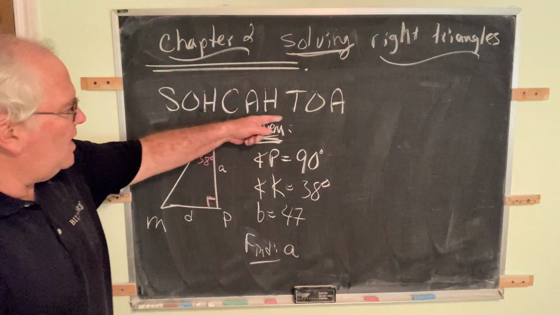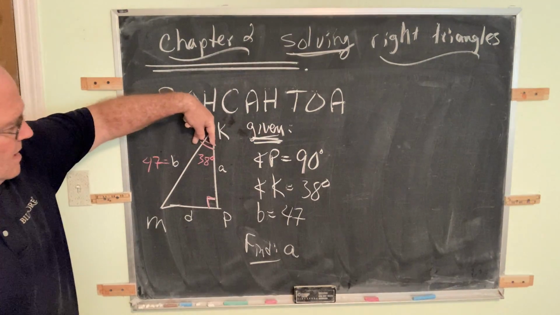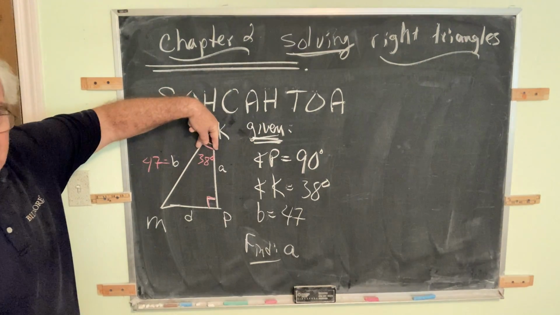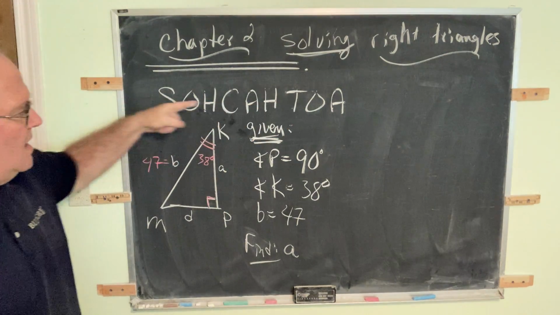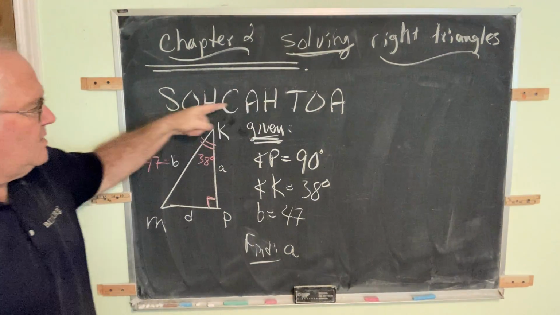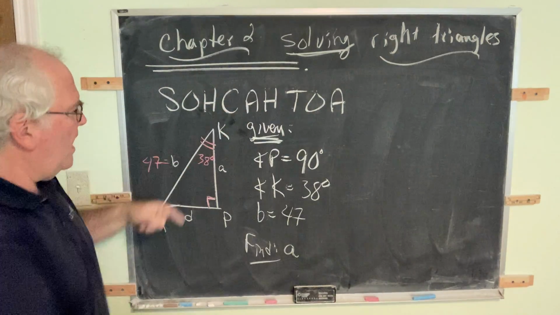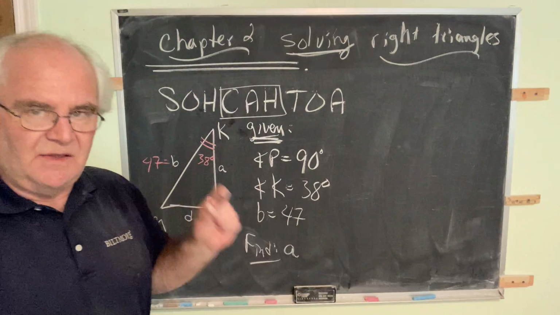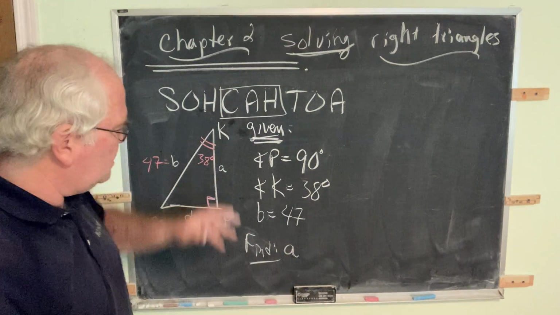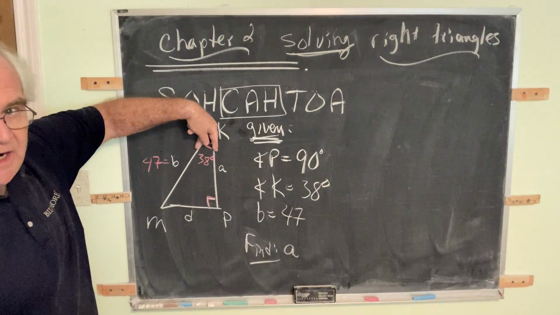Which of these functions involves hypotenuse and adjacent? Adjacent and hypotenuse. It is right here. You choose the function that has those two pieces. How do you know which two pieces? One of them is given, one of them is desired.